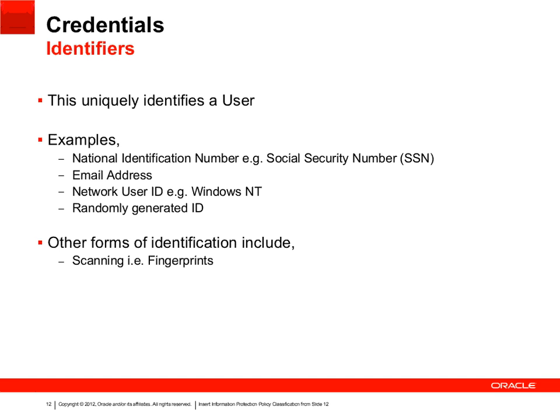Some applications may have the network user ID, or some may have a randomly generated ID as a unique identifier. Now, for some financial or highly secured applications, they might use advanced techniques, for example, finger scanning, eye retina scan, and so on.